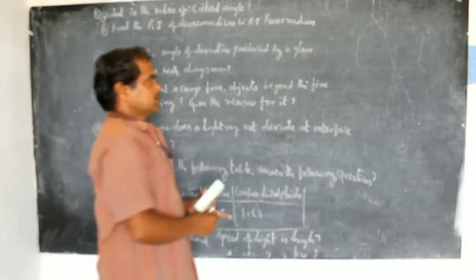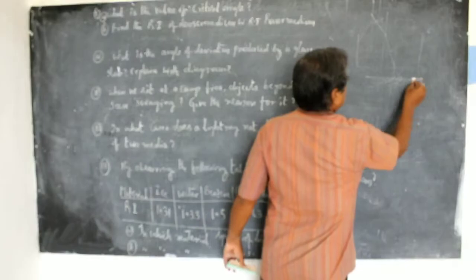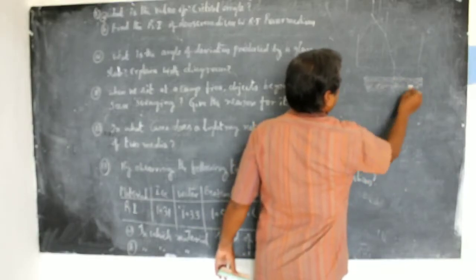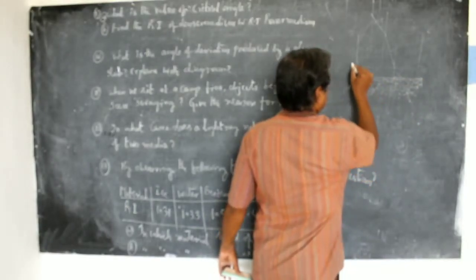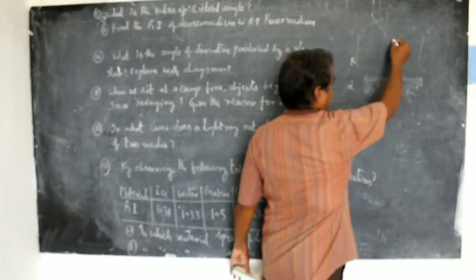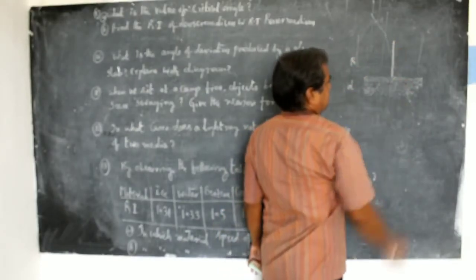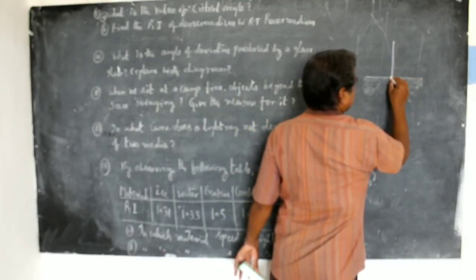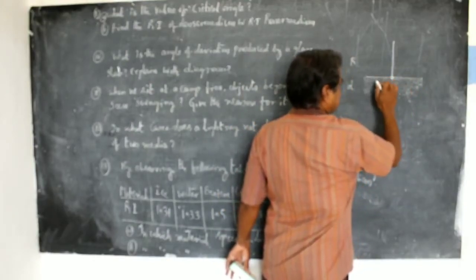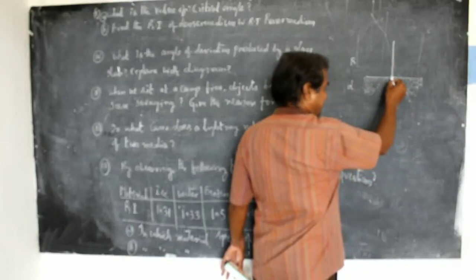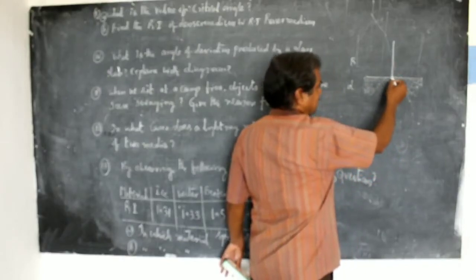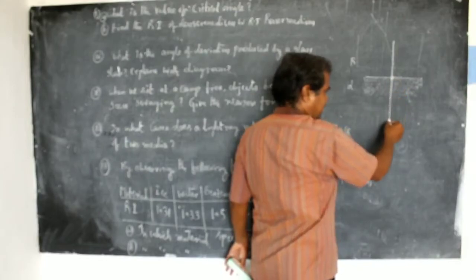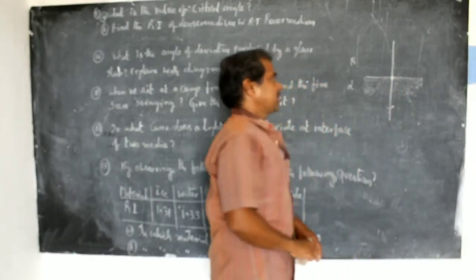This is treated as a denser medium. This is treated as a rarer medium. Any light ray which moves from denser to rarer and is incident at any one point of the interface of the two media vertically, perpendicularly, at that time the corresponding refracted ray moves in the same direction.